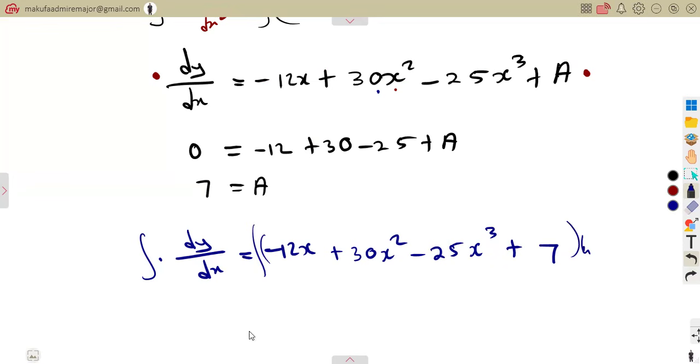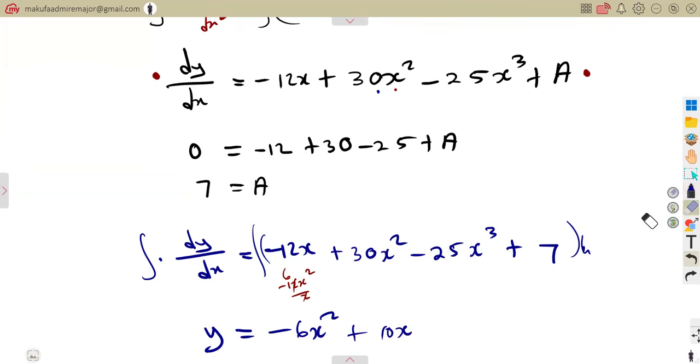Integrate both sides with respect to x, we obtain y this time. So if you integrate this, you add 1, that's minus 12x squared over 2, which is minus 6x squared. You add 1 here, that will be 30x cubed over 3. So this will be 10x cubed.